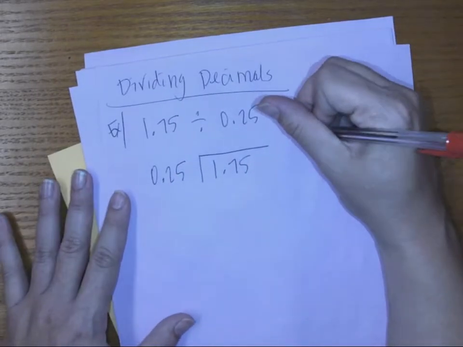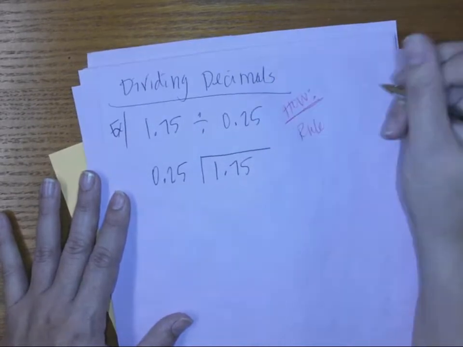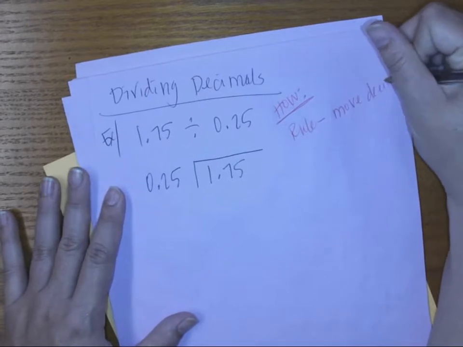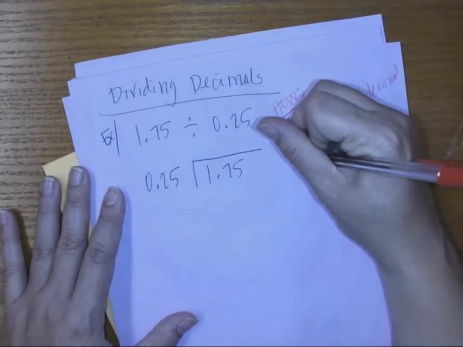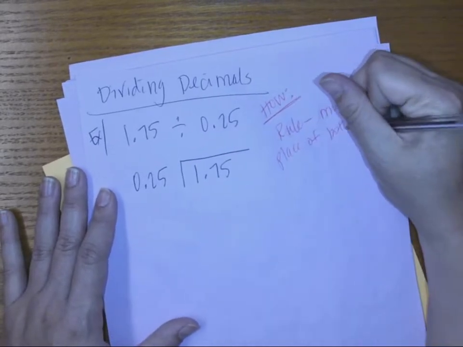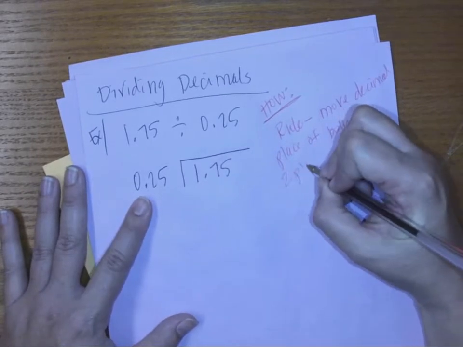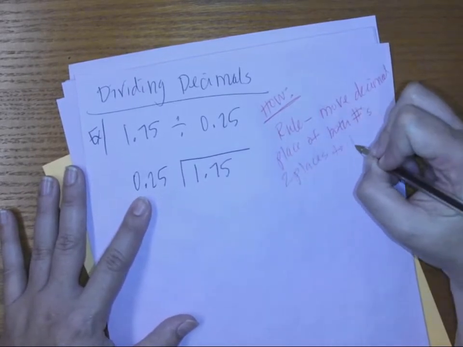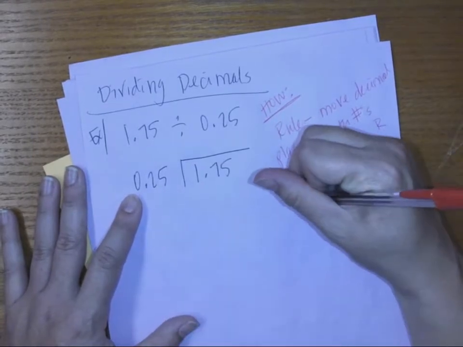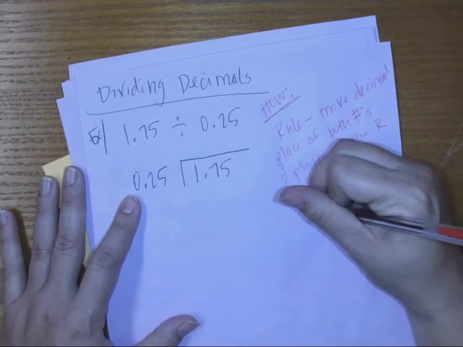This is the how part that we're talking about. You move the decimal place of both numbers. In this case, we move it 2 places to the right. We did that so that we are dividing by a whole number.